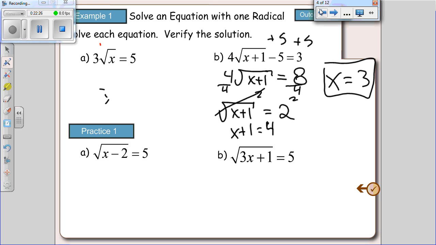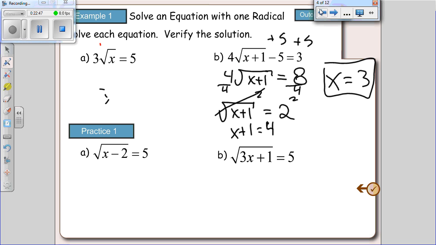First thing you want to do, get the radical by itself. Is the radical by itself? Yeah, it is. Square root x minus 2, one side, all by itself. So the first step's already done for you. So what do you have to do? Square both sides.